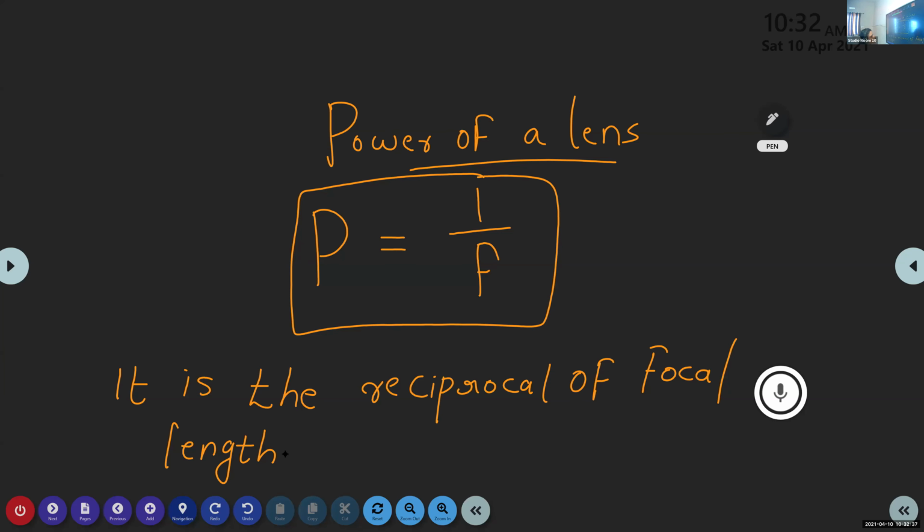Okay. So power of lens is represented by the letter P. P is equal to 1 by F, where F is the focal length and P is the power of the lens. So power of a lens is the reciprocal of focal length. Clear?